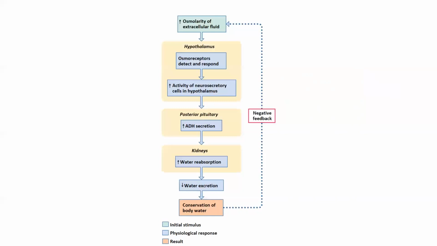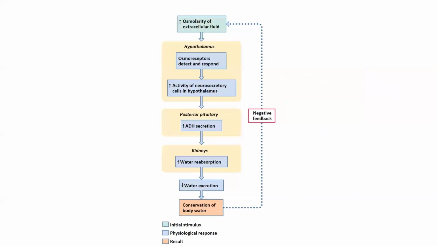Aquaporins will then allow flow of water from where to where? In the collector ducts and then DCT to the blood. Perfect. So from the collecting duct and the DCT back into the blood circulation, right?